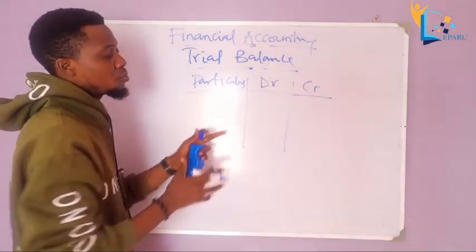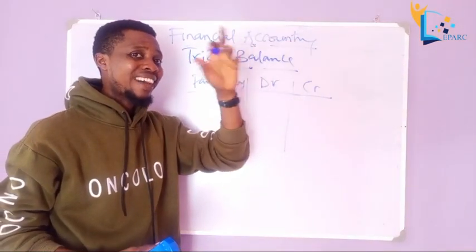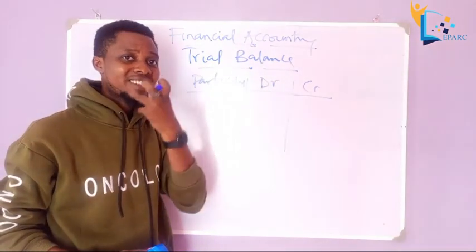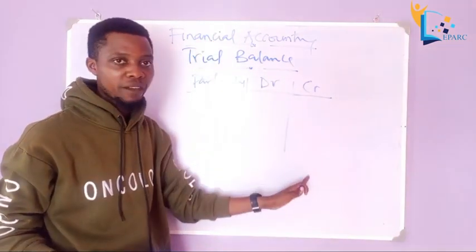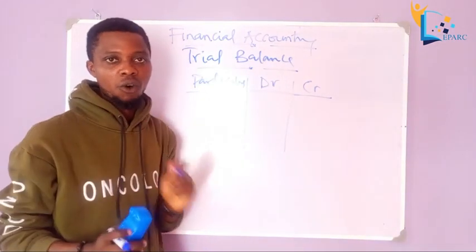All the ledgers that have debit balances, we pick those balances and put them on the debit side. All the ledgers that have credit balances, we pick them and put them on the credit side. Then when we add both sides up, we should have the same figure.